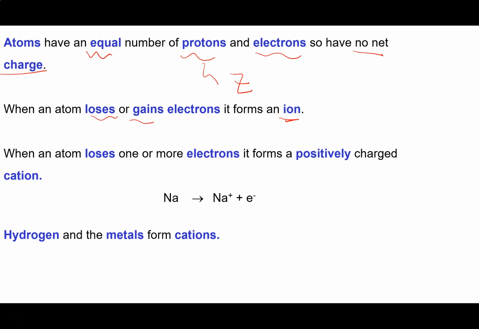So when an atom loses one or more electrons, it forms a cation. Metals and hydrogen form cations. Now, hydrogen is actually classified as a non-metal. We should be aware of that. So sodium tends to lose one electron, forming a single positive ion.